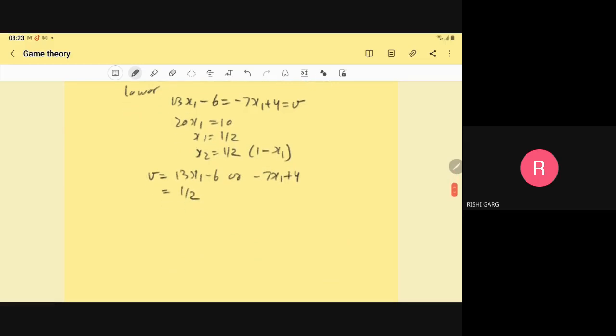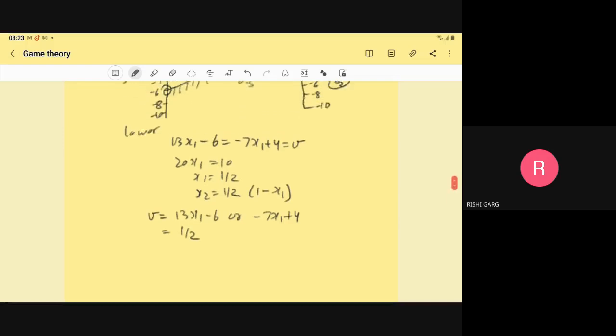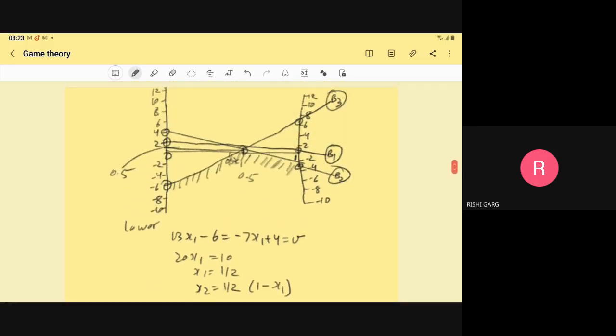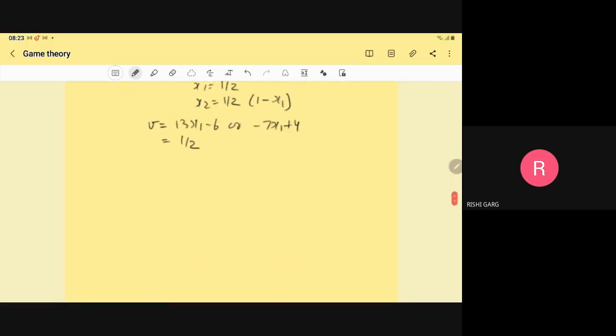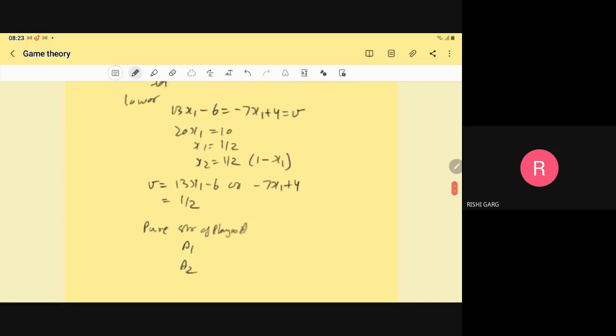So you have computed the value of the game and the associated probabilities corresponding to player A. Now we have to compute the associated probabilities corresponding to B. For that we compute the expected payoff for player B corresponding to the pure strategy of player A. Player A has only two strategies, A1 and A2.